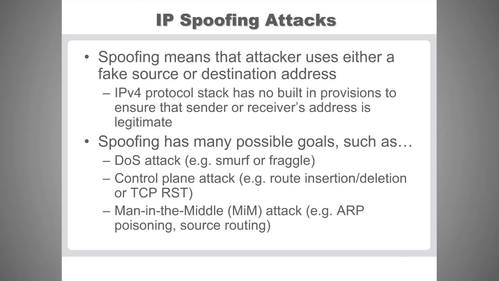Non-blind spoofing means that whoever is trying to accomplish the attack can see all the communication between me as the client and the server. Now, since they can see all the communication, they can also see what sequence numbers we are using, and this is really where the danger comes in with this type of attack. Because they know the source and destination, so they know my address and the server's address.